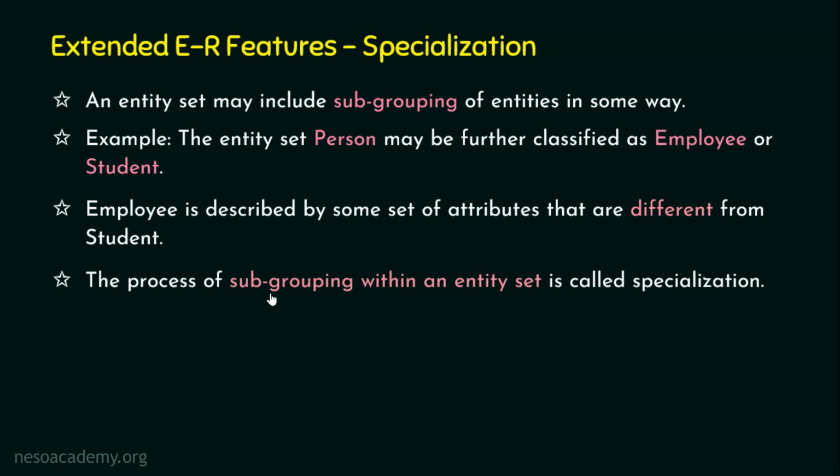This process of subgrouping within an entity set is called specialization. So the higher-level entity person is divided into employee and student. We are going to describe employee separately and student separately with different attributes because that's our requirement. In that case, the process of grouping employee and student separately is called specialization.